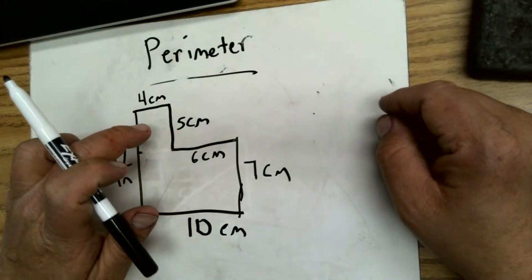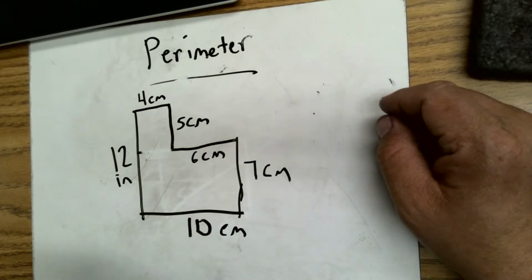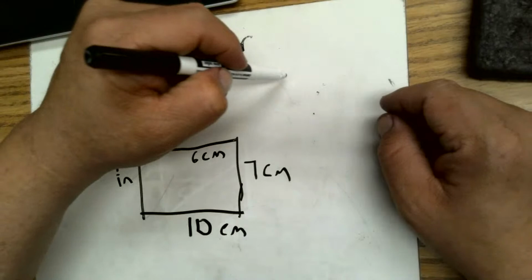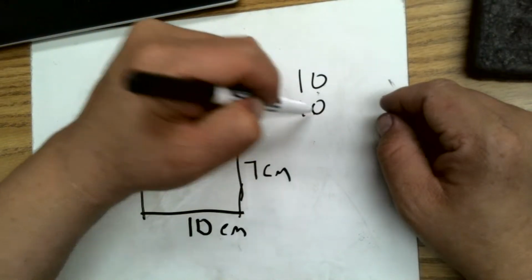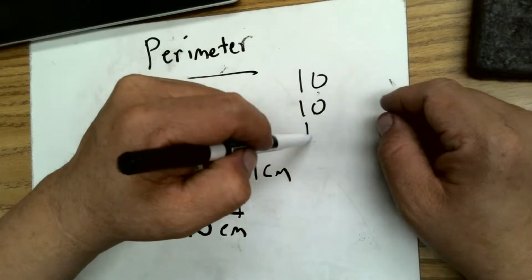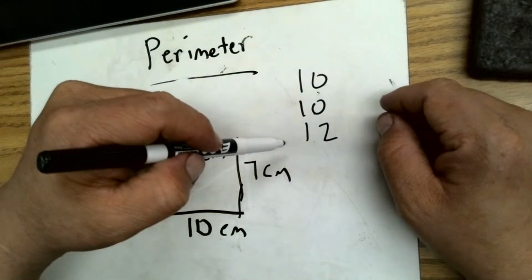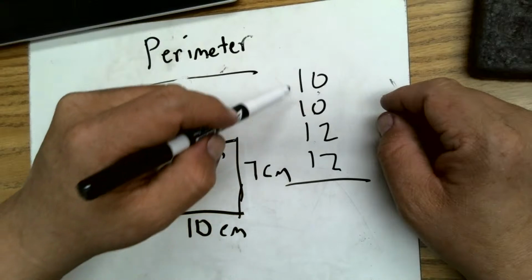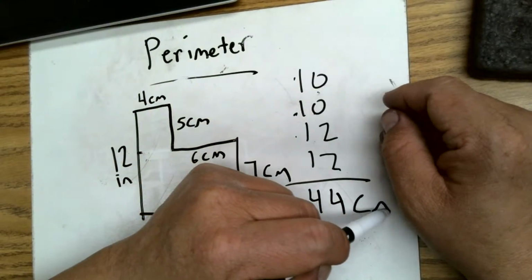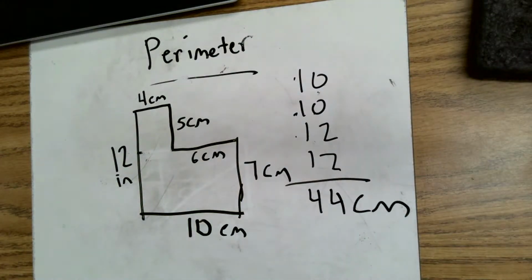I know this is going to be 10. So I got 10 and 10. Then I got 12 and 12. My answer is 44 centimeters.